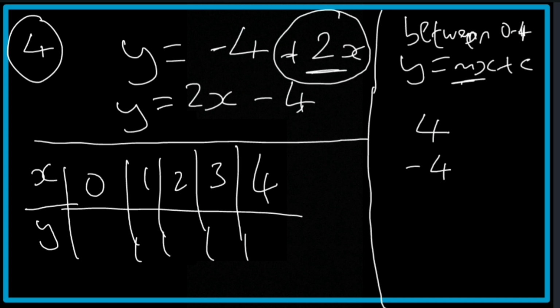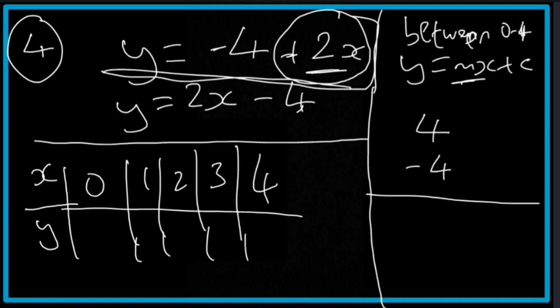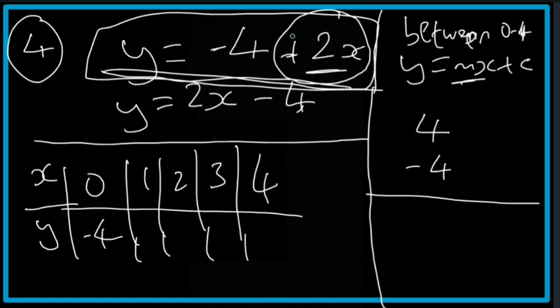Okay, it'll work in both cases. So let's have a look at the first one. Negative 4 plus 2x. So this was the original one without rearranging. So minus 4 plus 2 times 0 is still going to be minus 4. Minus 4 plus 2 times 1. So 2 times 1 is 2. So minus 4 plus 2 is minus 2.